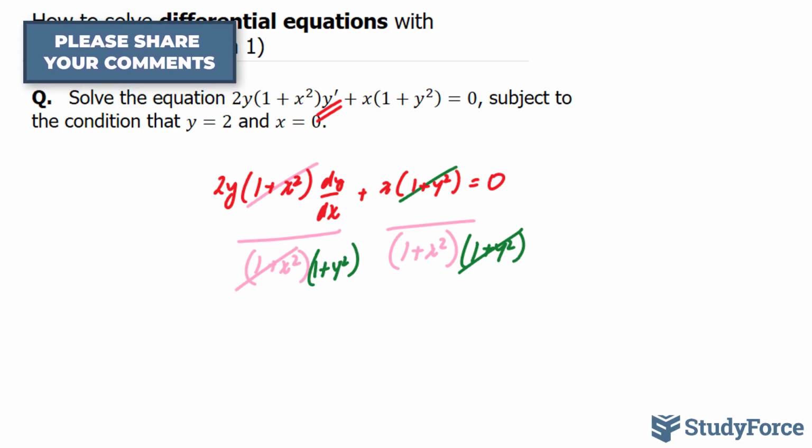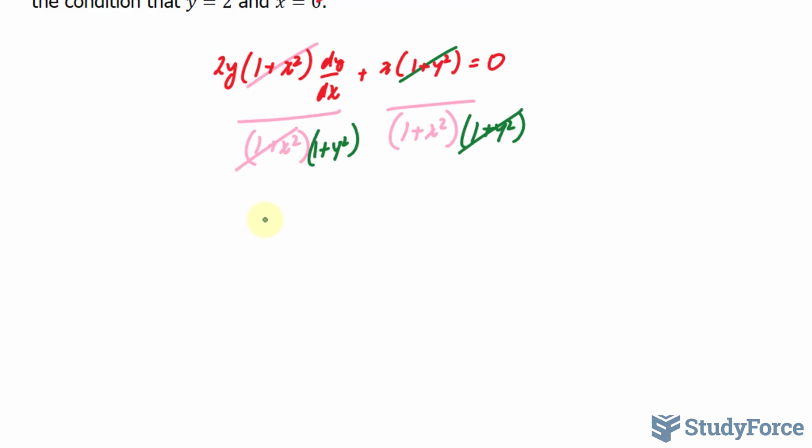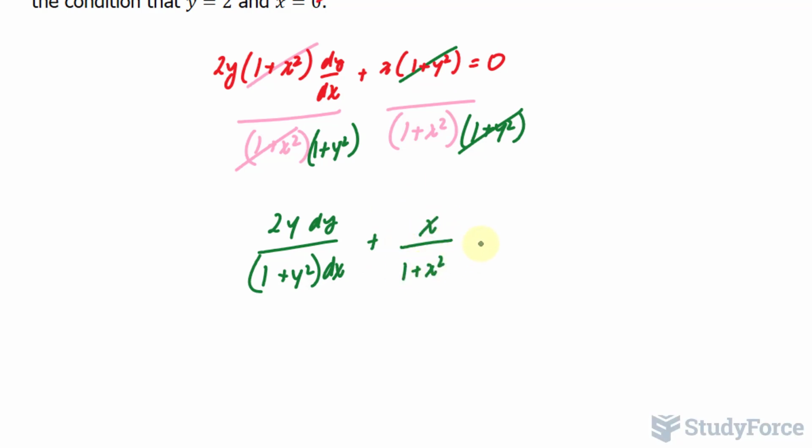So what we end up having by doing this is 2y dy over (1 + y^2) dx, and in this term we have x over 1 + x^2, is equal to 0.